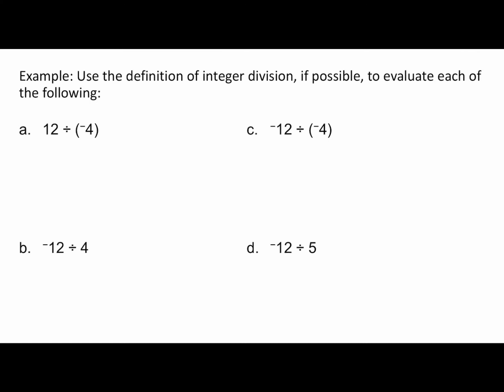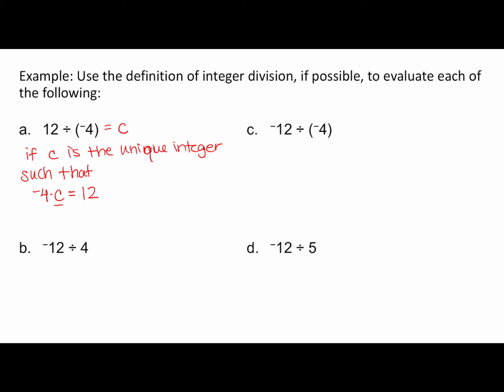So let's use the definition to evaluate the following. So 12 divided by negative 4 equals c if c is the unique integer such that negative 4 times c equals 12.